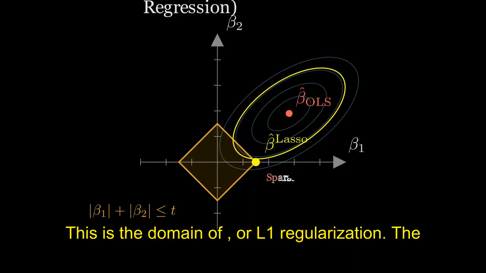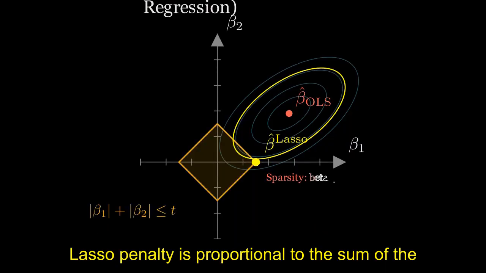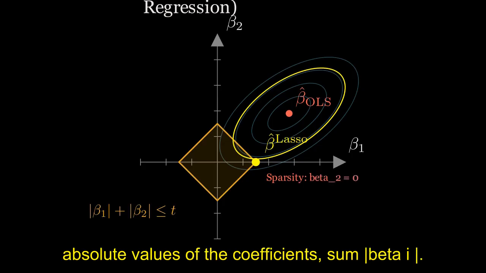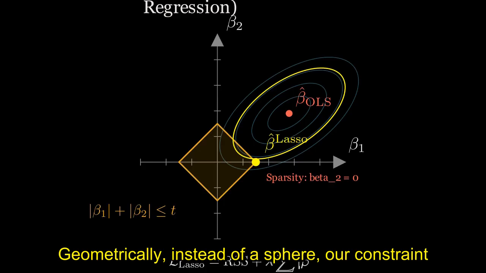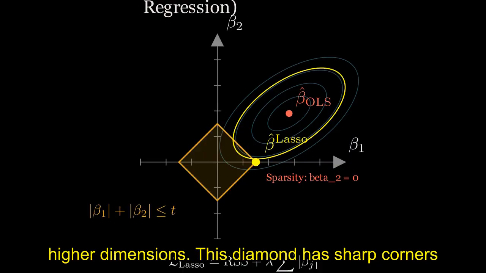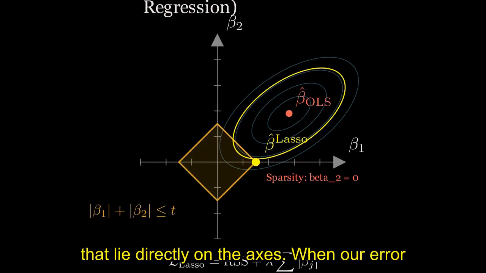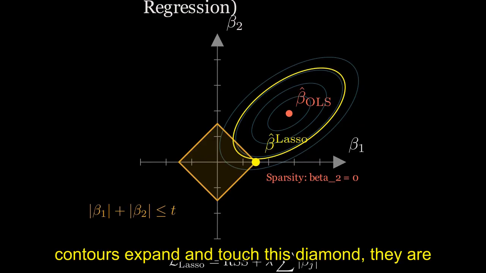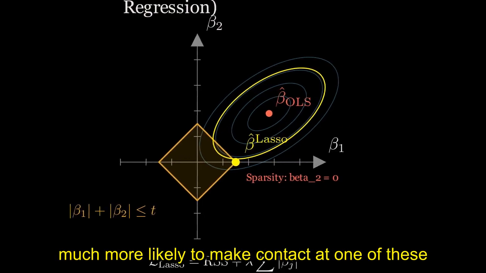The lasso penalty is proportional to the sum of the absolute values of the coefficients, sum, absolute value of beta i. Geometrically, instead of a sphere, our constraint region is a diamond shape, or a cross polytope in higher dimensions. This diamond has sharp corners that lie directly on the axis. When our error contours expand and touch this diamond, they are much more likely to make contact at one of these corners.